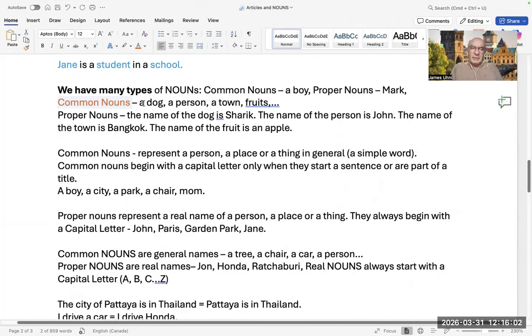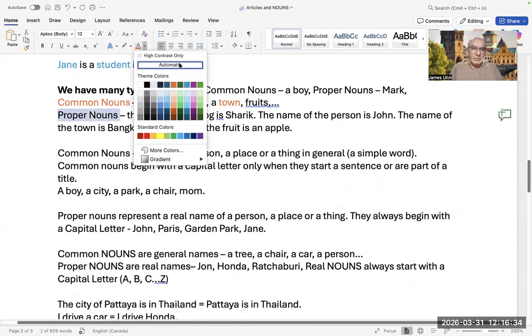A is an article, but I will talk about that later. Dog, person, town. But look, fruits doesn't have an article. So I will leave it as it is, and I will go to proper nouns.